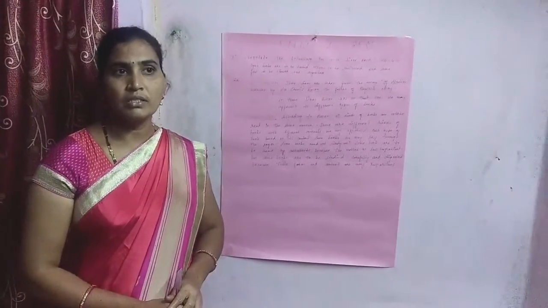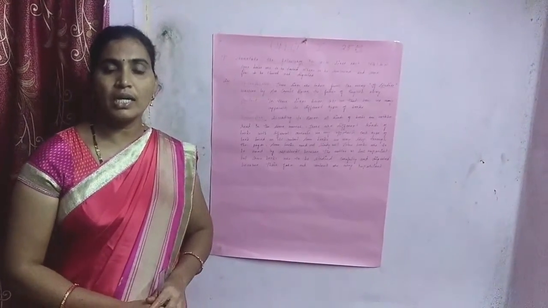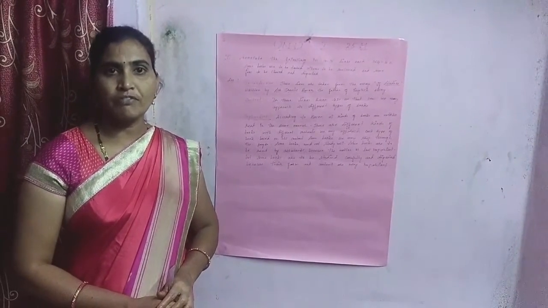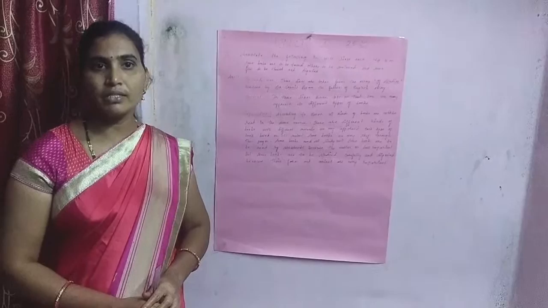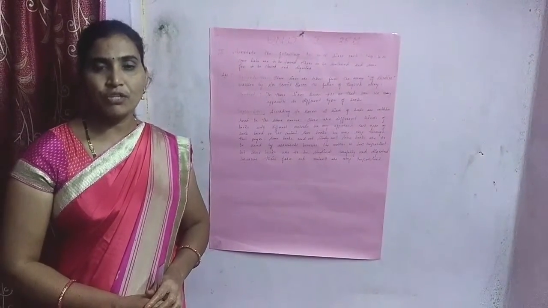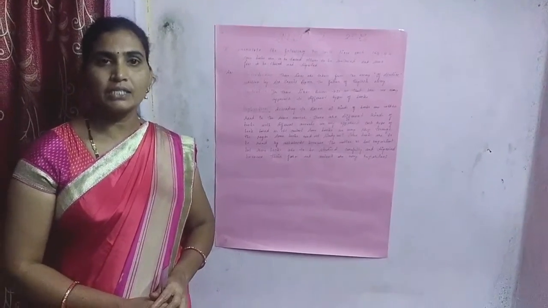And the third Roman, a short question from prose, carries 4 marks. And the fourth Roman, a short question from poetry, carries 4 marks. And the fifth Roman is a question from interpretation of non-verbal text that carries 4 marks.